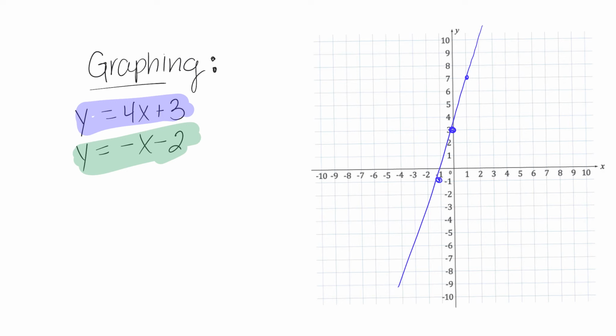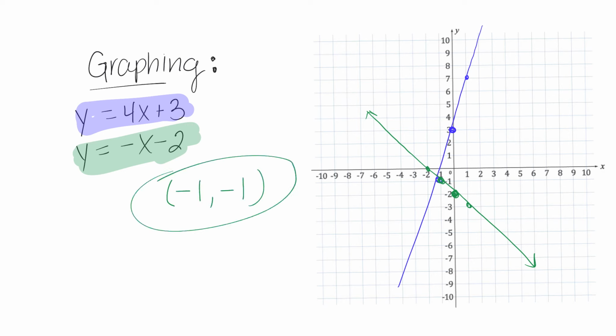here's our line. Okay, and then let's look at our green line, and it's y equals negative x minus 2. So my y-intercept's at negative 2, and this is going to be a negative slope of 1 over 1. Oh, I already see where it's going to cross. So it's doing this. And you can see here, where did it cross? It crossed right here at negative 1, negative 1.